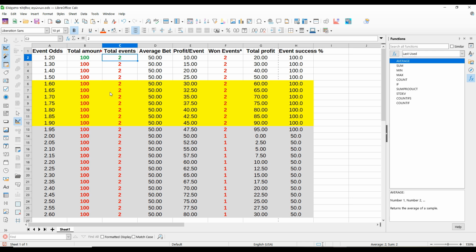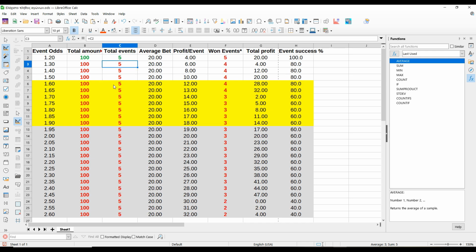As you see, let's put 5 in here. As you see, when the odds are small, then we need to win a big number of those bets, even all of them. As the odds increase, the number of bets we need to win becomes smaller.